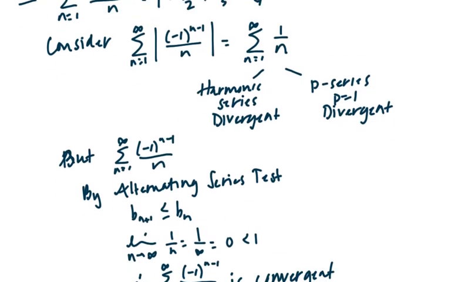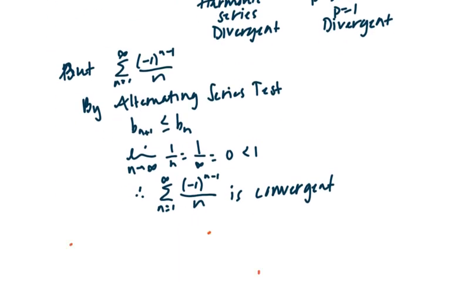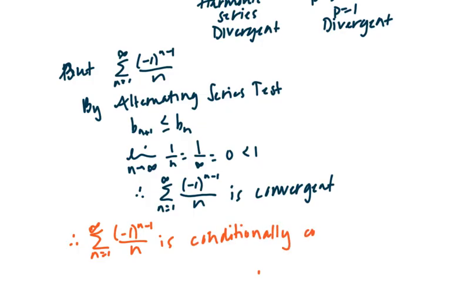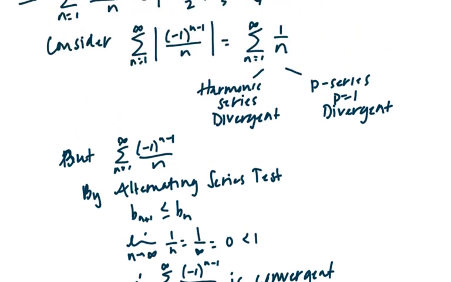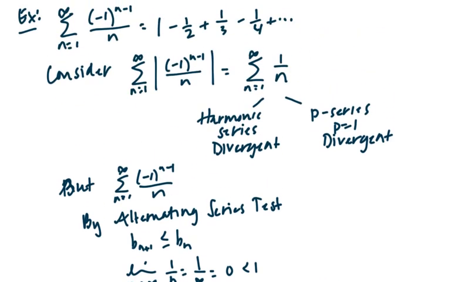So we could come back here and say, therefore, the alternating series is conditionally convergent. So the problems in this exercise start off with, is it conditionally convergent or absolutely convergent? Either way, you start off with looking at this absolute value.